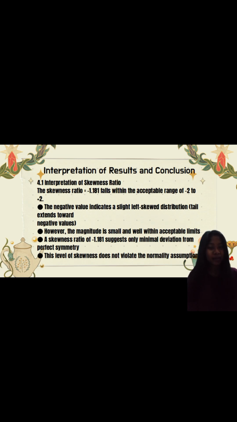However, since the magnitude is only minus 1.181, the skewness is quite small and remains within acceptable limits. This suggests only a minimal deviation from perfect symmetry. Therefore, this level of skewness does not violate the normality assumption, and the data can be considered approximately normal for further statistical analysis.